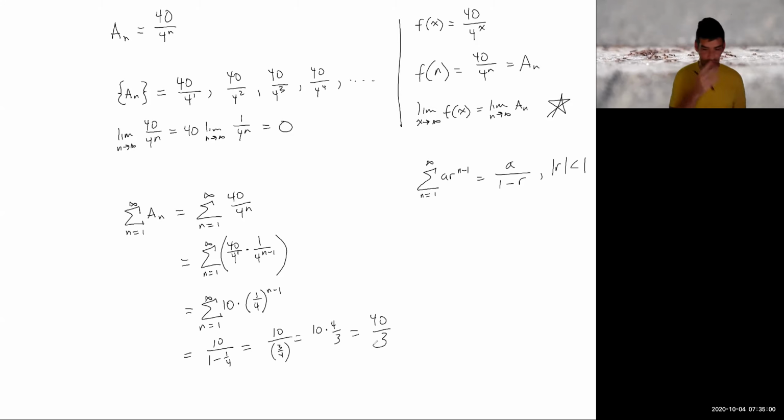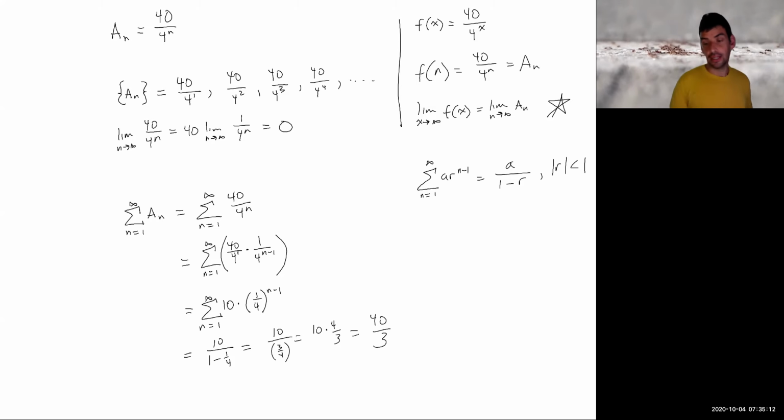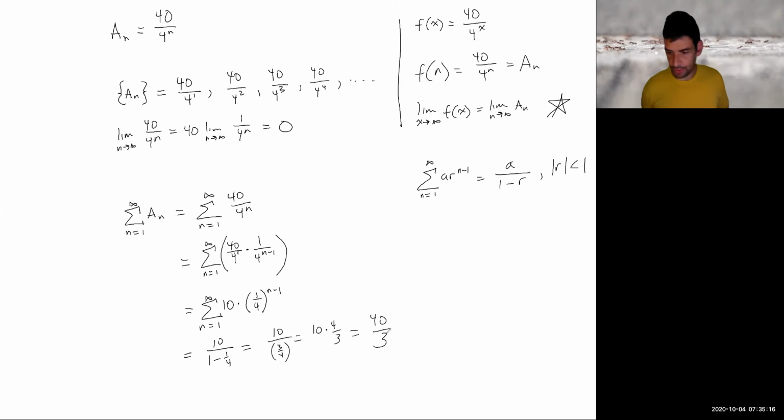Sorry that I don't like stringing them along horizontally, but I was running out of room here. So there's our 40/3, which you can see is what this particular student had put in and got correct, just to confirm. So that's it for this.